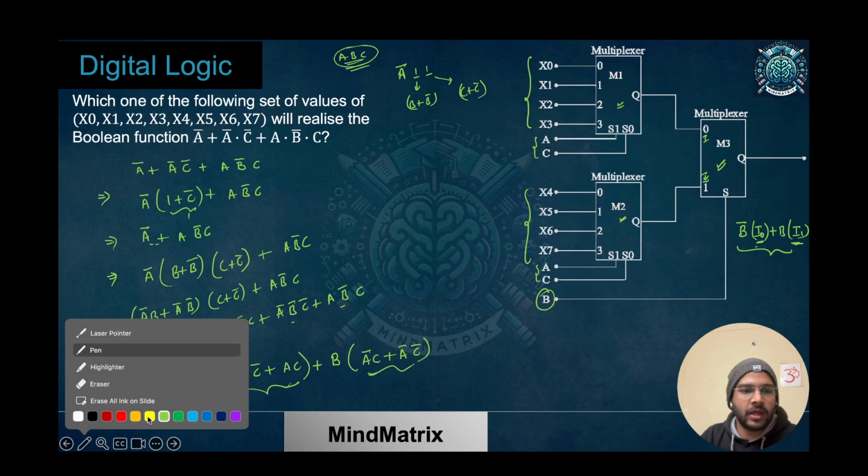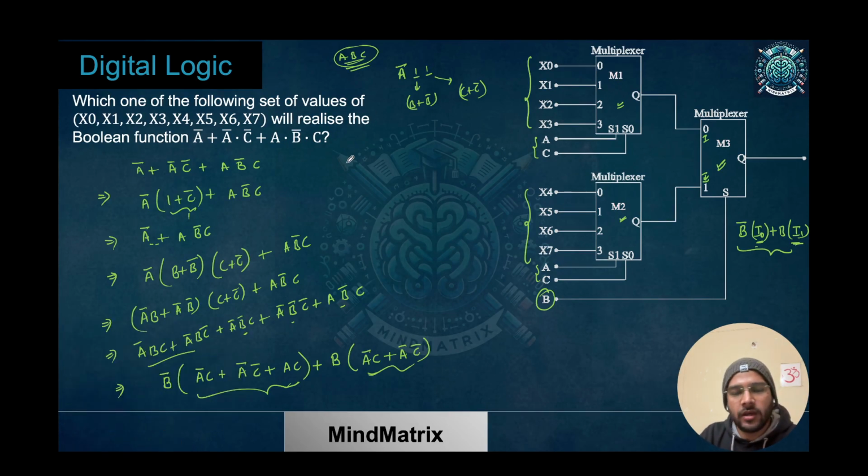If I consider the M1 multiplexer, its characteristic equation will look something like this: A complement C complement x0, A complement C x1, A C complement x2, AC x3.